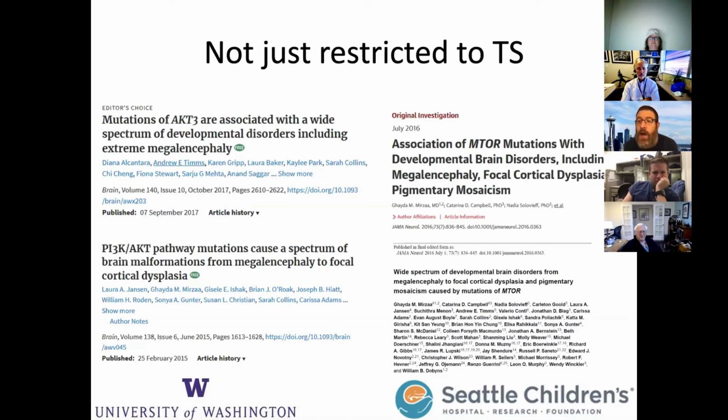Instead, on this spectrum of cortical dysplasia, ranging from hemimegalencephaly, which is essentially a hemispheric cortical dysplasia, all the way to the small focal cortical dysplasias, we see a significant number of these lesions that also show disruptions in the PI3K AKT mTOR pathway, suggesting that these kids likely have mosaic mutations in that pathway, leading again to mTOR overactivation that's somehow related to the overall neurological phenotype.